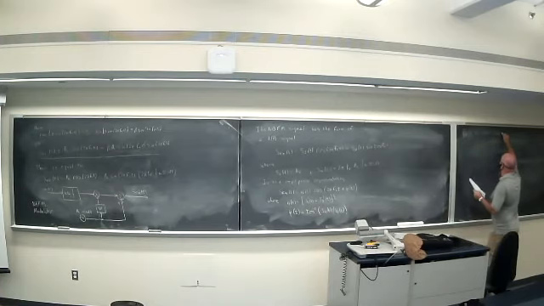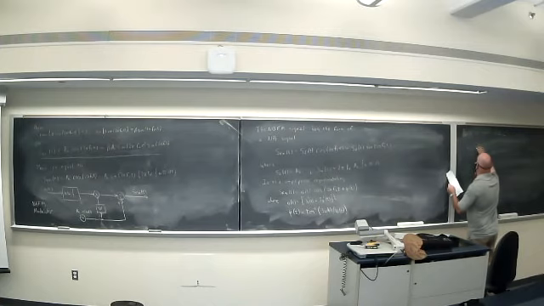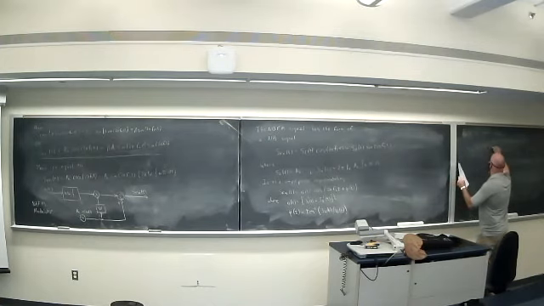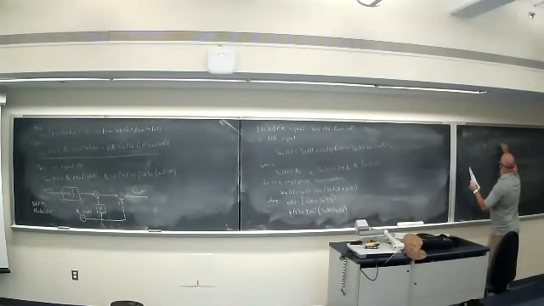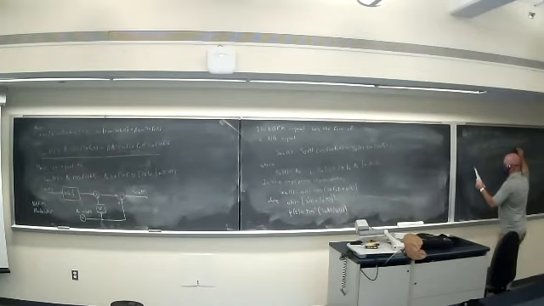So expanding an equation we had before, S_FM of t is AC cosine of 2 pi fc t plus 1/2 beta AC.